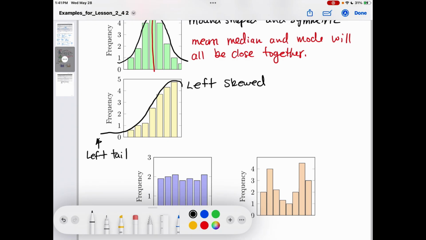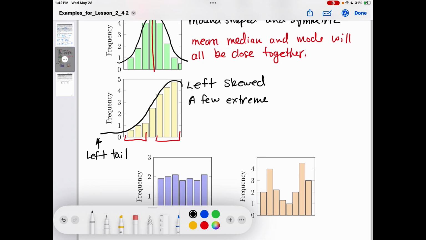Now, because you have a left tail, that means you're going to have a few extreme values on the left, which means they're going to be lower or less than the majority of the values. The majority of the values are going to fall in that mound area. And then you have a few extreme values over to the left, which is what's causing the tail.